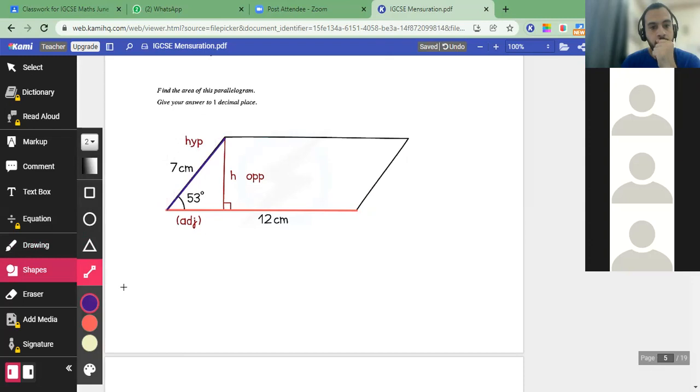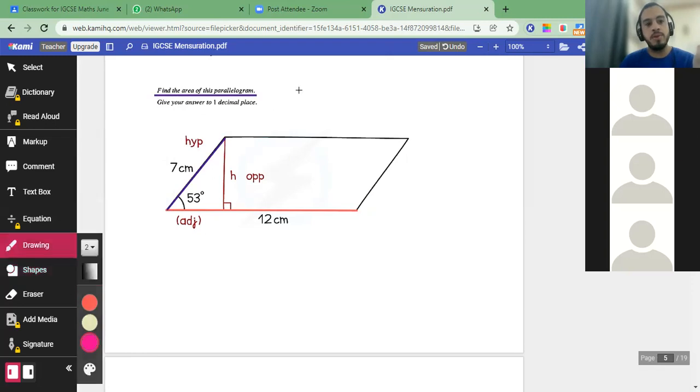And we know that if I ask Jana, what is the area of a parallelogram, everyone? Because it says find the area of the parallelogram. So first step, you write down the formula of the parallelogram. So the area is base times height.